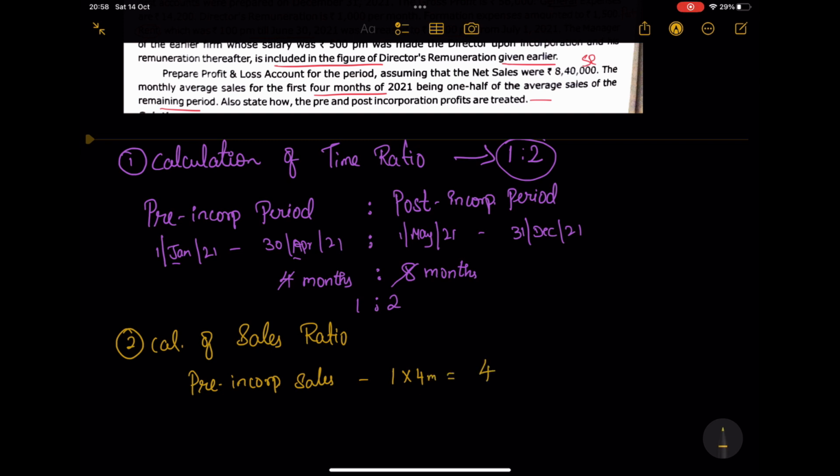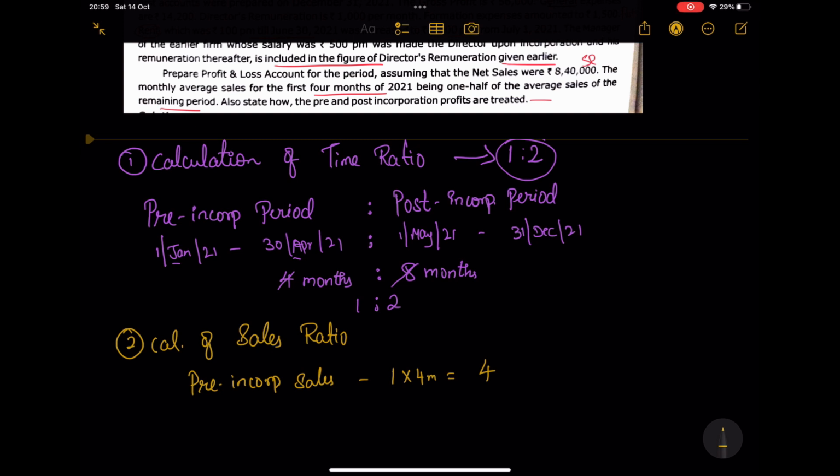They have not given the total sales, they have given the net sales. So in which particular month what we have incurred, we are not having those particular information. So what they have given numerically, I am taking that only. So in this question I have assumed my average monthly sales as 1, and that average monthly sales for 4 months, 1 into 4 months, I got 4.